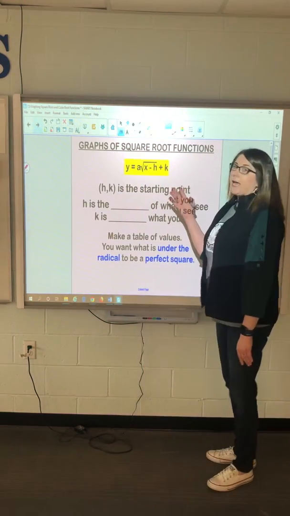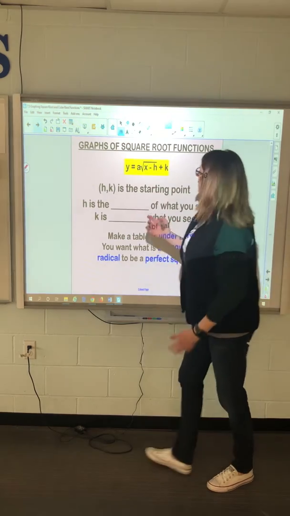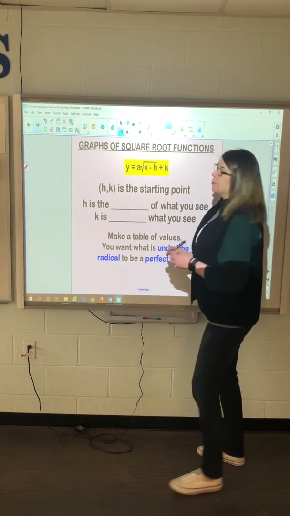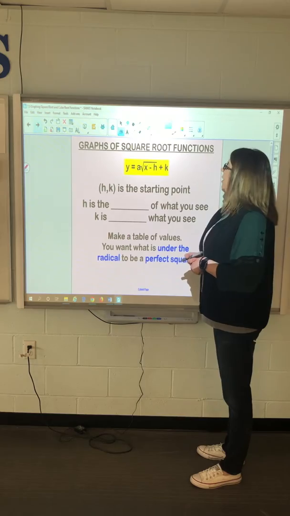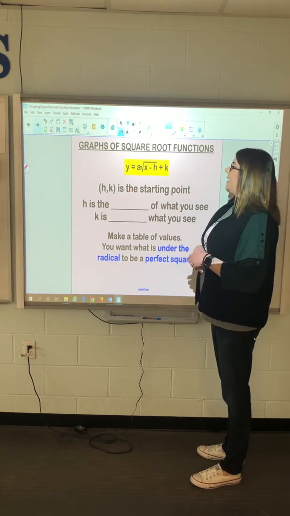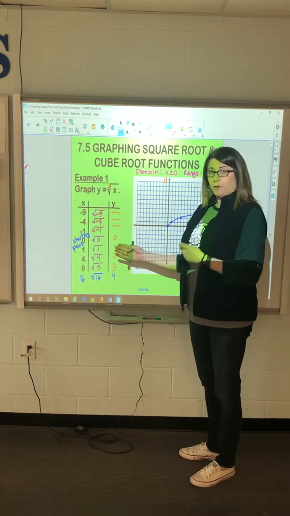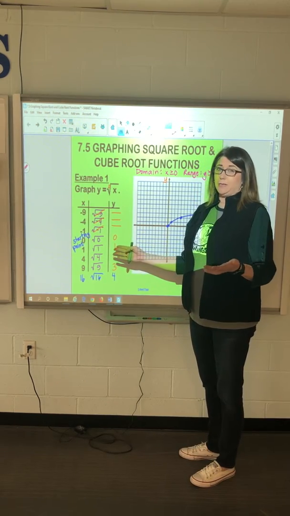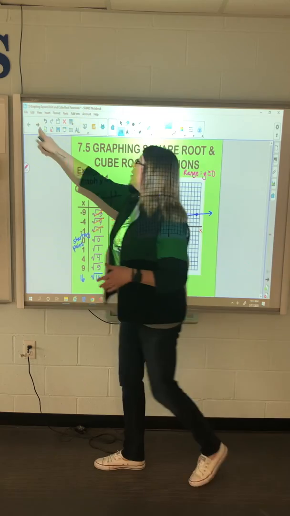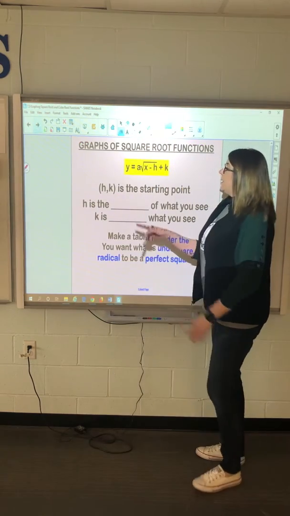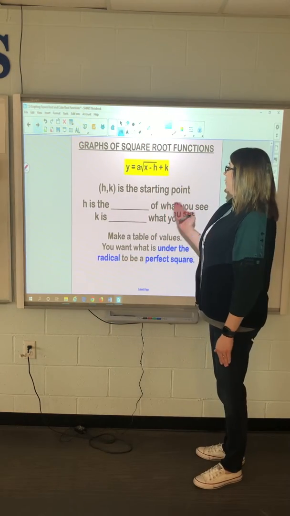All right, so here we have what we like to call standard form, if you will, of a square root function, and it has some different variables in here. So it says h comma k is the starting point, which is exactly what we saw here a moment ago. For this particular problem, 0 comma 0, the origin, was our starting point. So it says h is the blank of what you see.